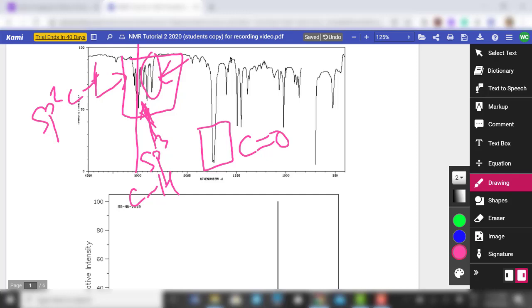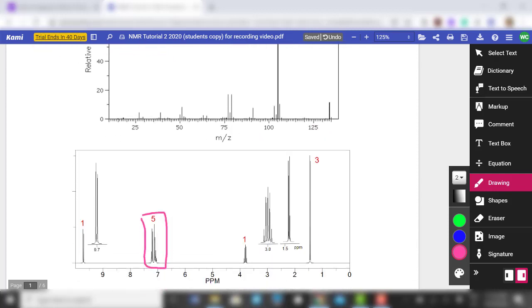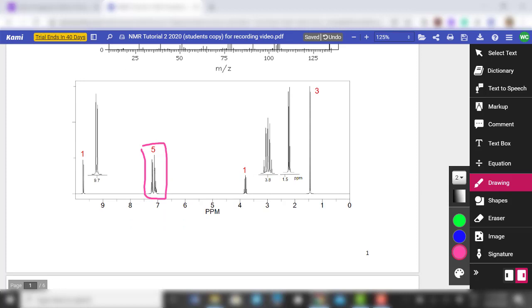How am I so sure that I have an aldehyde? Well, I can't be sure from here, obviously, so I can go on to the NMR. Based on the NMR, you can see that I have a signal close to about 9.6, 9.7. This is typical of aldehydic protons.